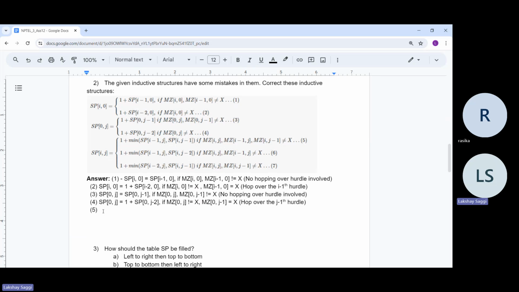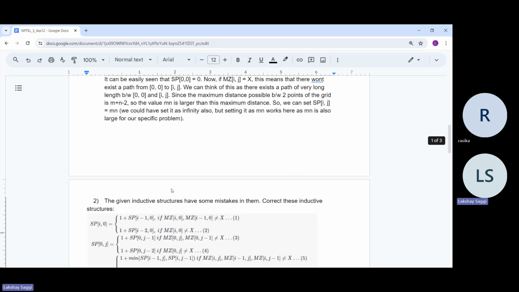So now again in this fifth inductive structure, what it's saying is the shortest path from I to j is equal to 1 plus the minimum of I minus 1 comma j minus 1 if I comma j, I minus 1 comma j and I comma j minus 1 all do not have a hurdle.